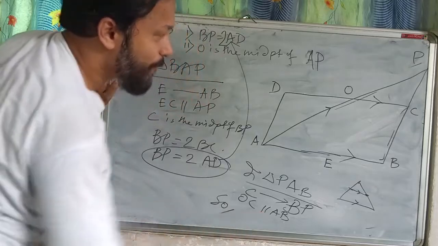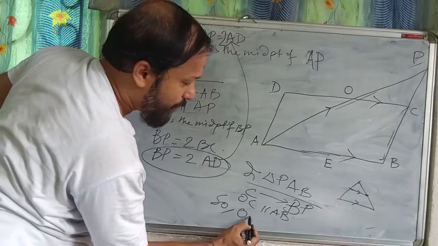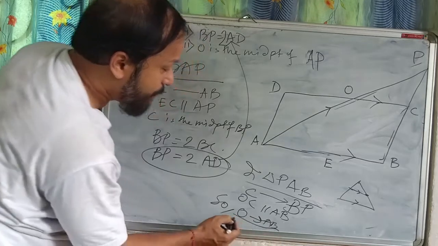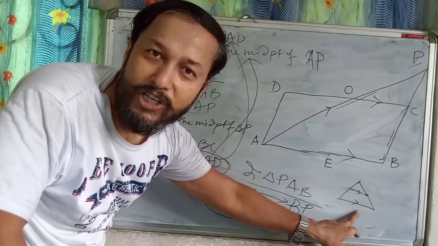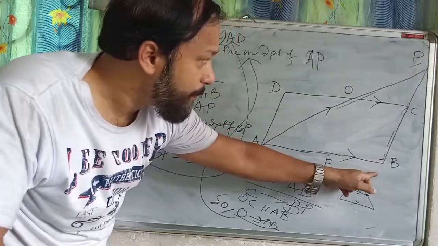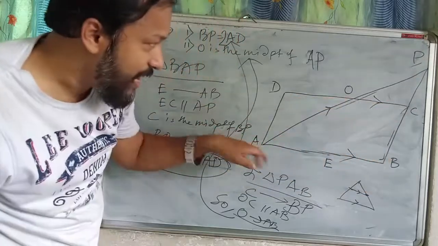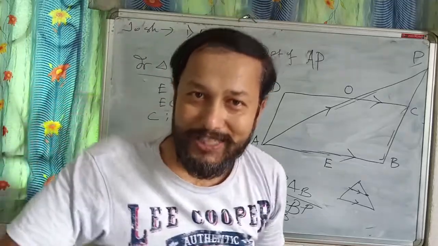So O is the midpoint of AP. Again proved, by using the midpoint theorem. From this triangle, C is the midpoint of BP and this is parallel to this, so O is the midpoint of AP. So both are proved.